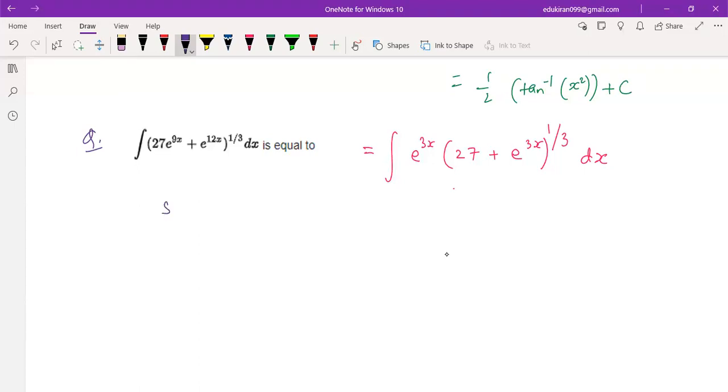And next you can use substitution. Can you tell what substitution you will do? 27 plus e raised to 3x. Yeah, let that be t. So just proceed after that.